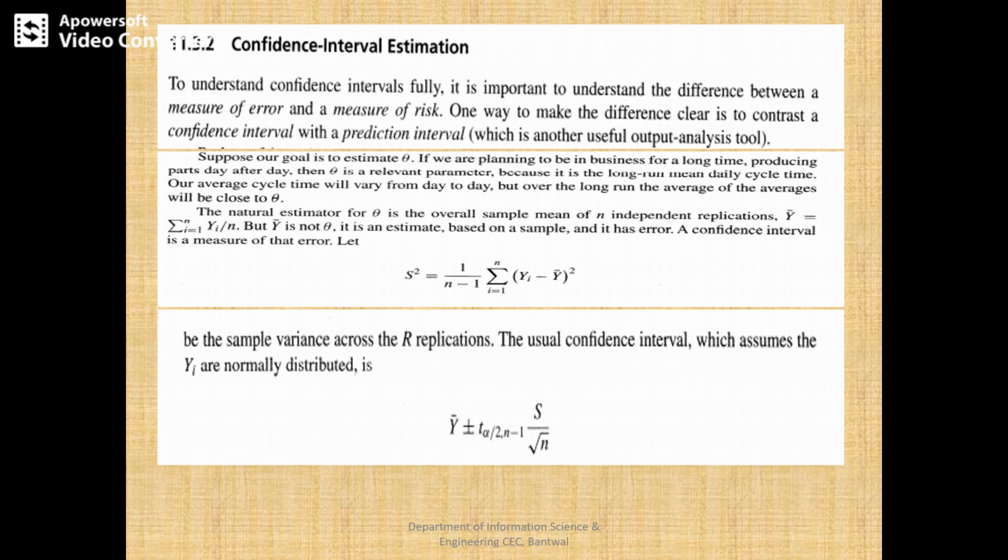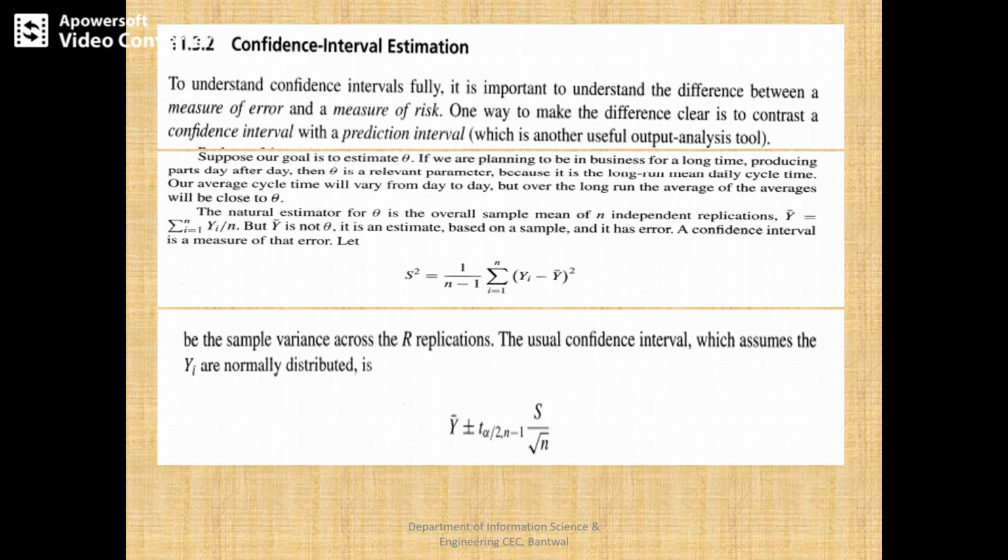We can simulate away error by making more and more replications, but we can never simulate away risk, which is an inherent part of the system. We can, however, do a better job of evaluating risk by making more replications.